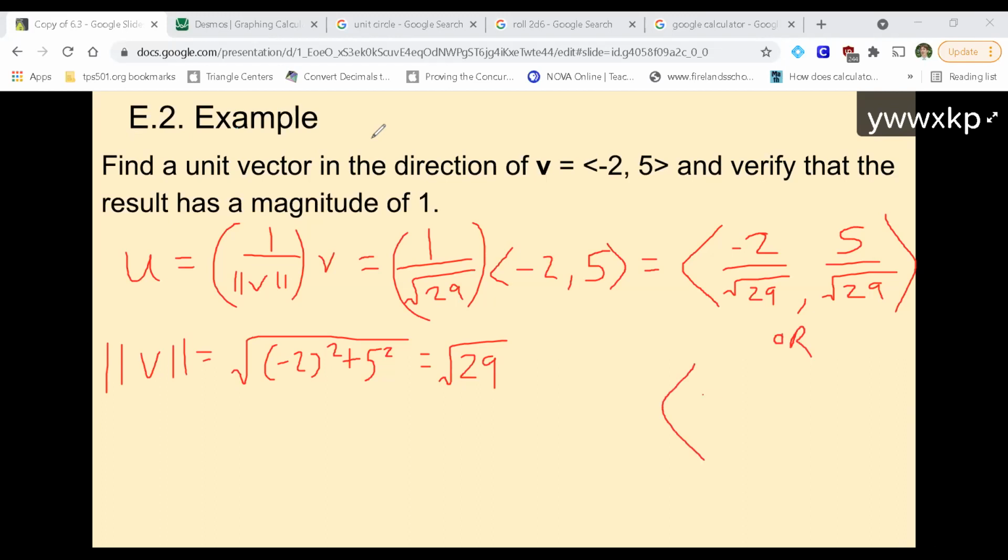And so if you get -2 square roots of 29 over 29 and 5 square roots of 29 over 29, that is less offensive to our fragile Western sensibilities. So be ready to do either.